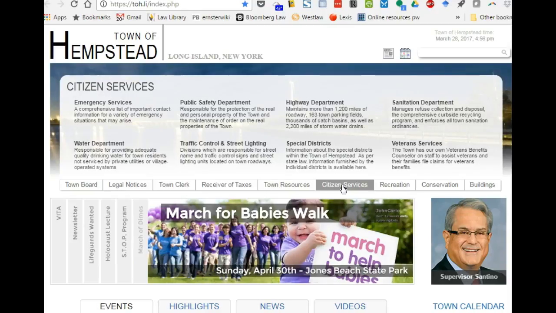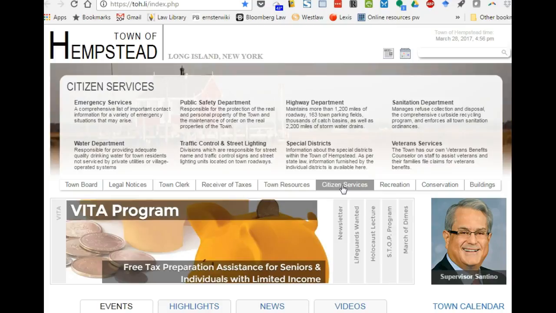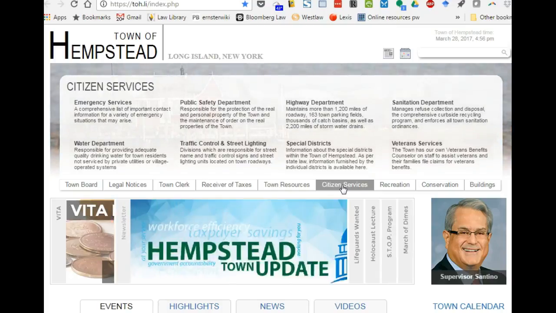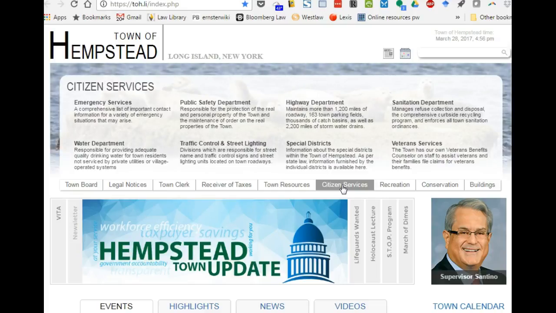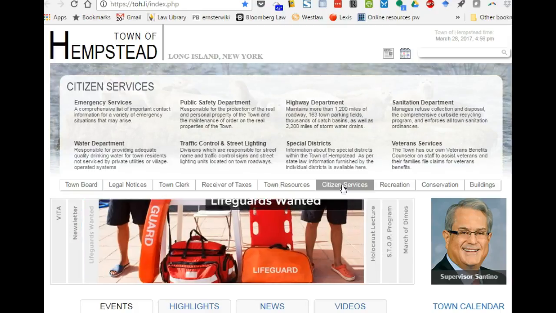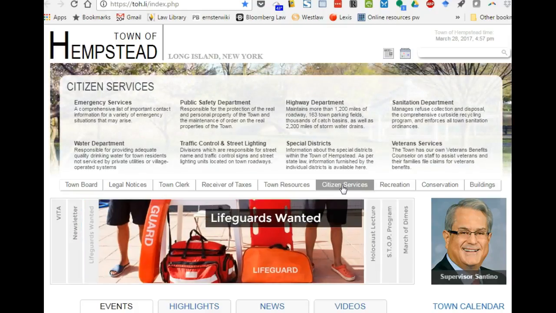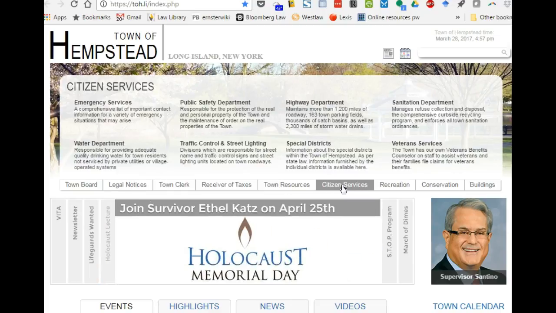Public safety, of course, traffic, so that's going to be something covered by the town of Hempstead, highways, special districts, veteran services, sanitation, that's another thing. So all of these areas of our everyday existence are governed by these various local jurisdictions. And again, in New York, depending on which local jurisdiction, might depend on what particular area it has jurisdiction over.